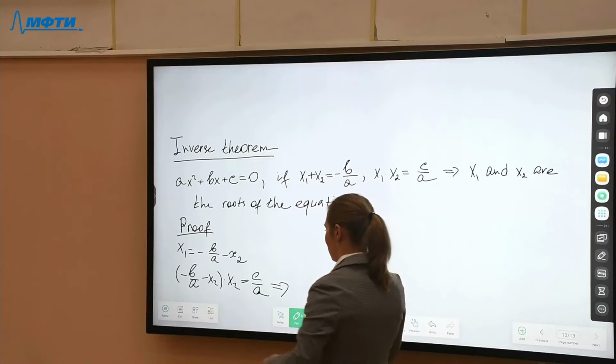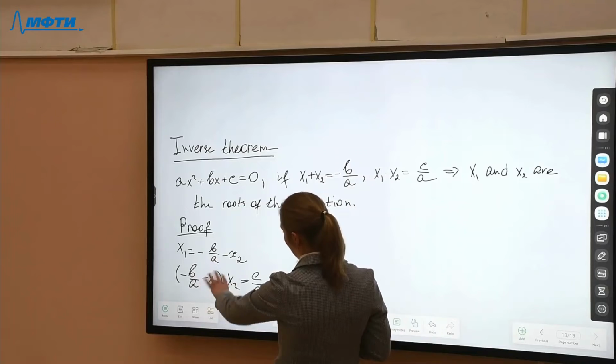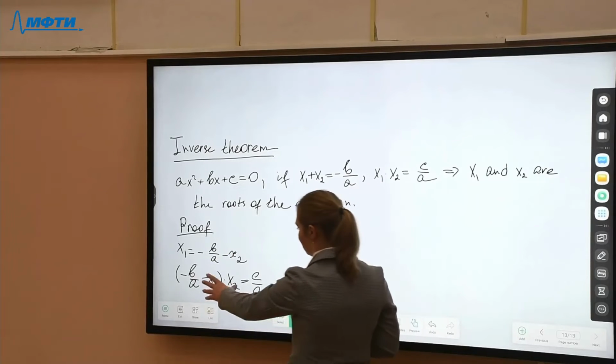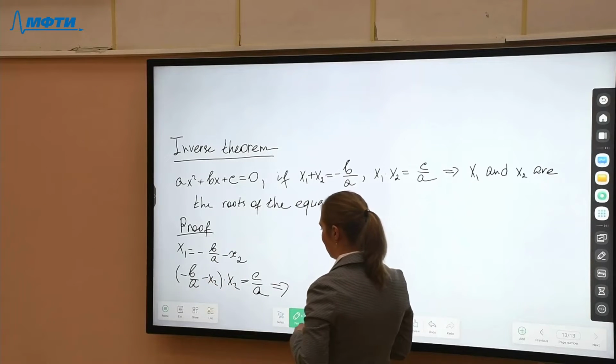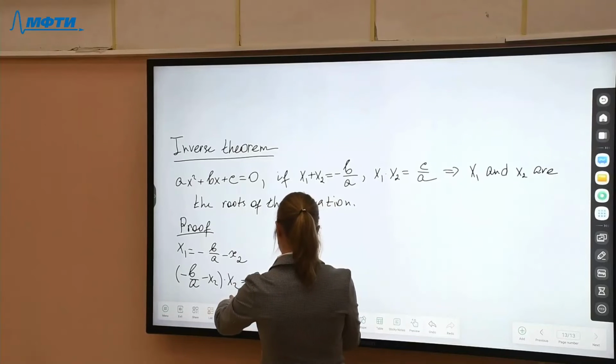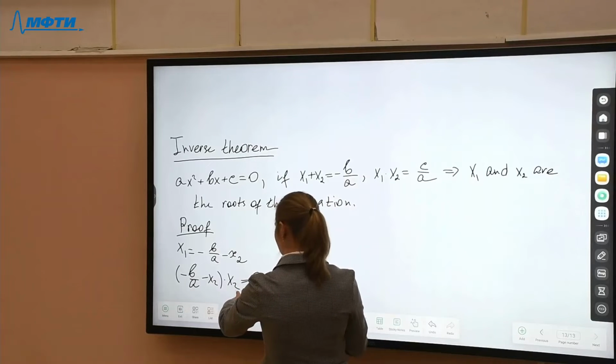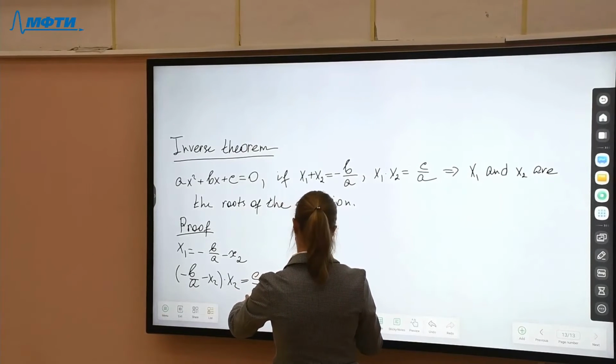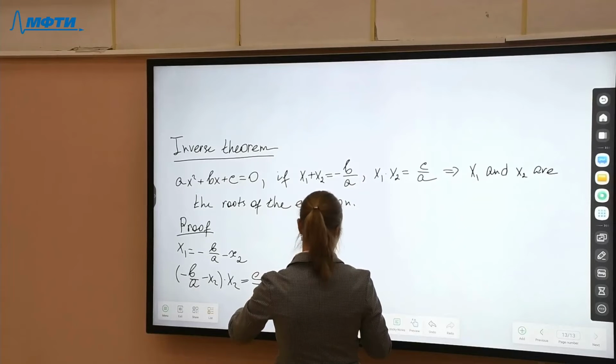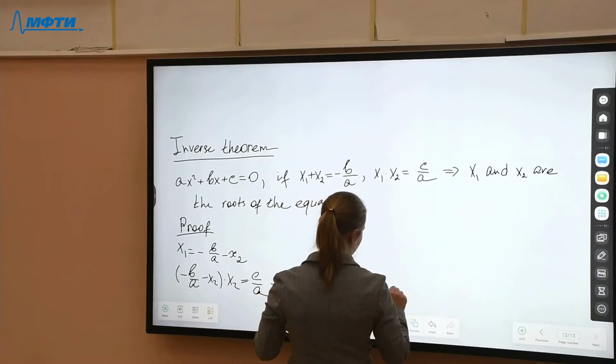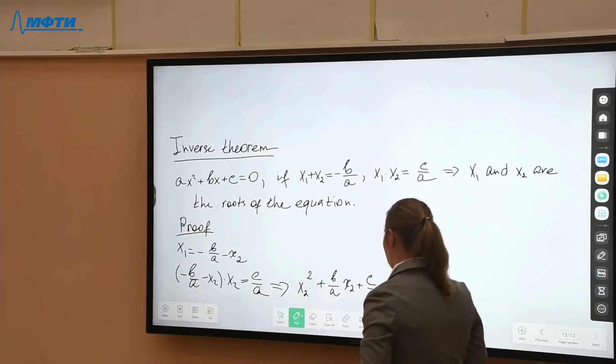So now let's open the brackets and let's collect everything in one side. We have x2 squared plus b over a x2 plus c over a. This is 0, and then let's multiply by a.